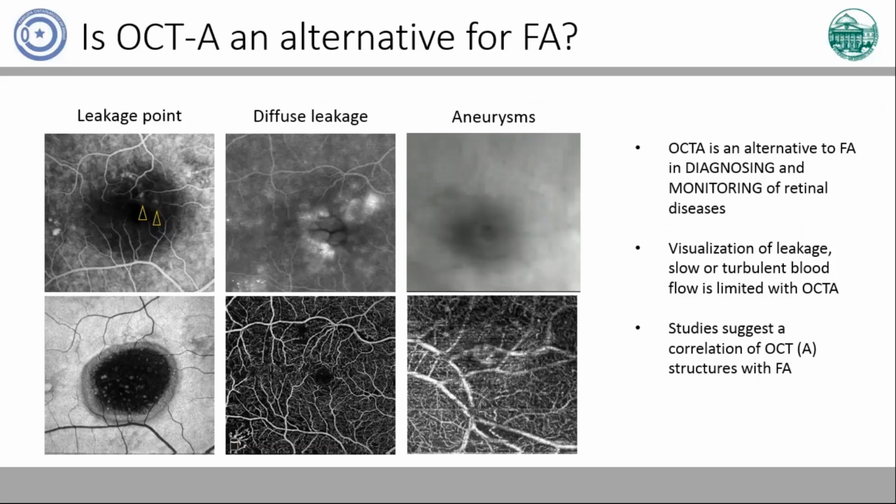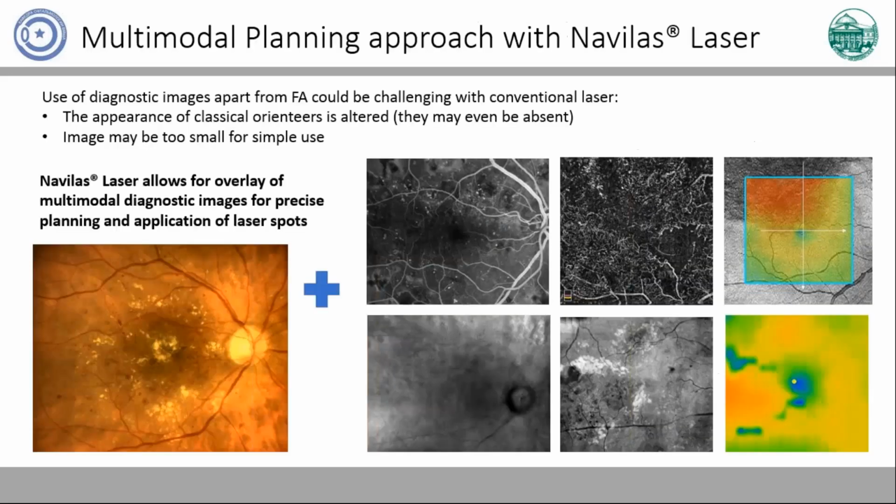Of course, today we have OCT angiography as a good alternative to fluorescein angiography, but mostly, I believe, for a diagnostic approach, not for laser planning, because OCTA cannot show us many aims to treat retinal disorders like leakage points, areas of diffuse leakage, and aneurysms. These are just limitations of OCTA. Of course, other multimodal imaging modalities can show us information about the distribution of these aims for laser treatment.